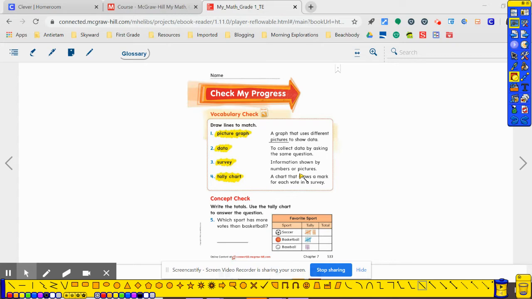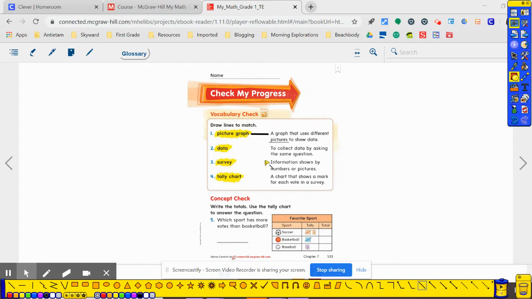What do you think? Which one is a graph that uses different pictures to show data? Is it a picture graph, data, survey, or tally chart? It's a picture graph. So connect a line between those two things. All right, the next definition says to collect data by asking the same question.